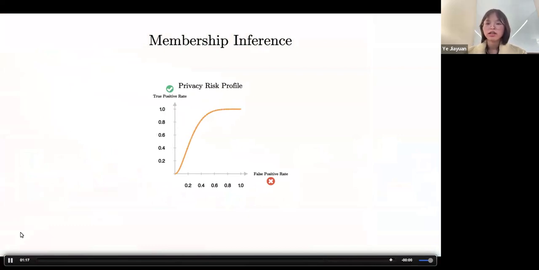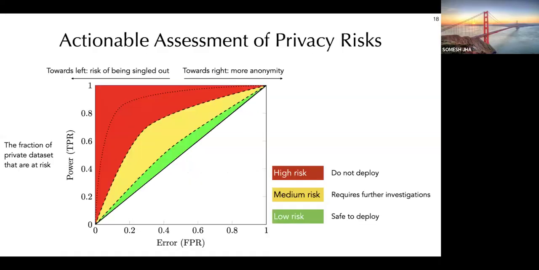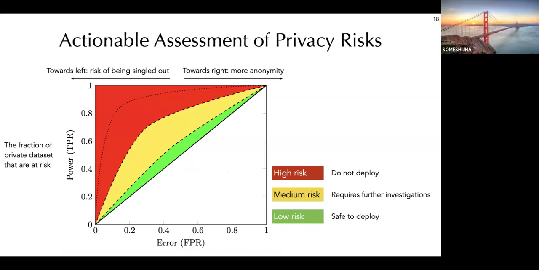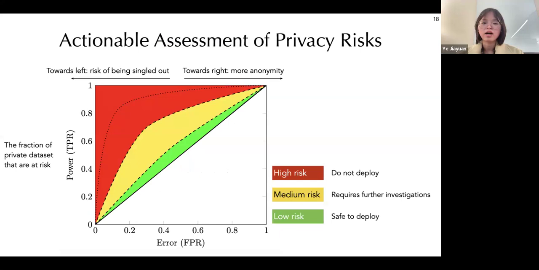And we will talk about it later, how differential privacy could give an upper bound for this privacy risk profile. And by looking at this profile, we would know intuitively that when the profile is closer to the upper left corner, it means the member and non-member are more distinguishable from each other under this attack strategy, right?